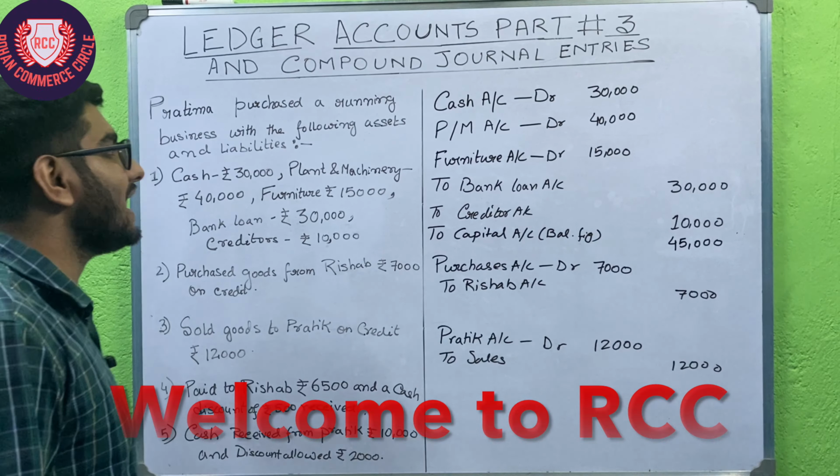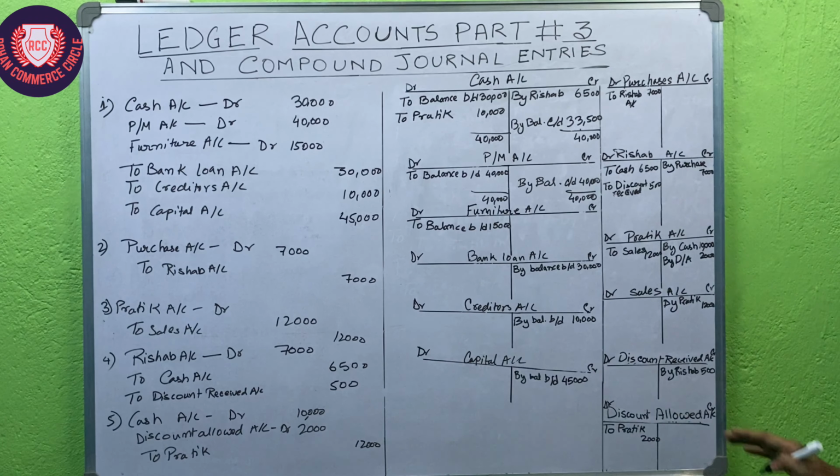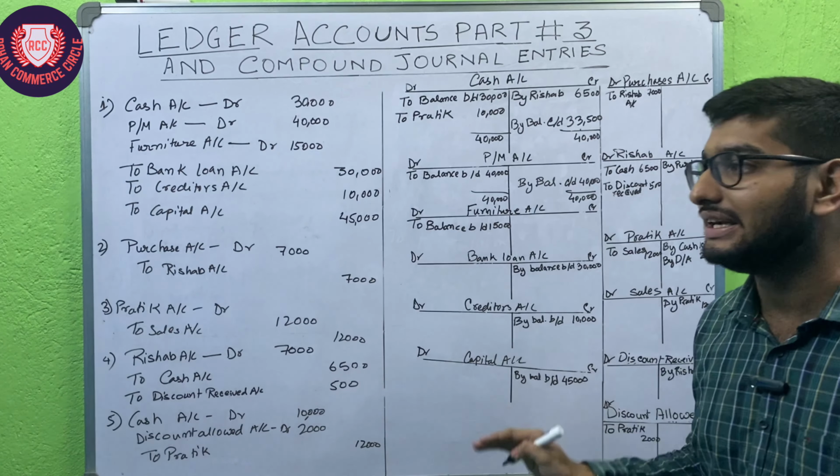This will also be balanced like this, 40,000, and you write 40,000 over here, and by balance c/d, it will be 40,000. Just like this we have to total each and every account. I hope you can total it out this way.